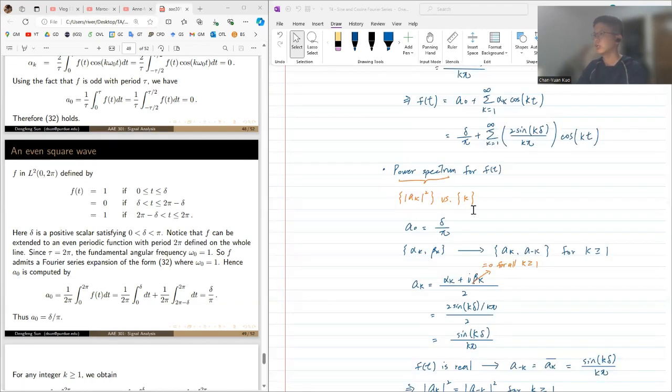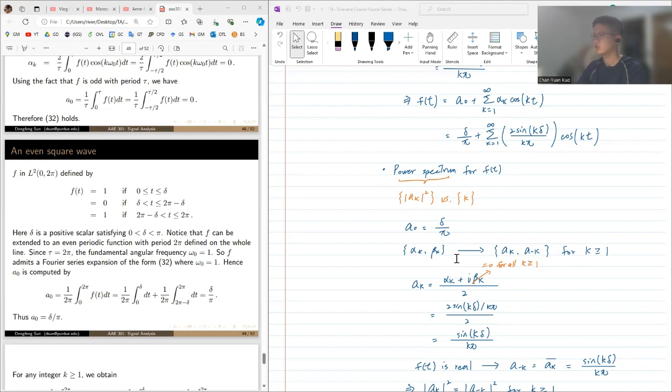So in order to plot the power spectrum for the function, we will have to determine the Fourier coefficients ak. Here we know the coefficient a naught, and it is equal to delta over pi, but we don't know the rest of the coefficients ak and a negative k for k's that are greater than or equal to 1.